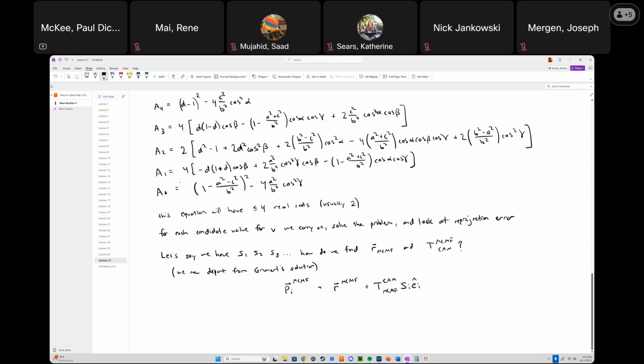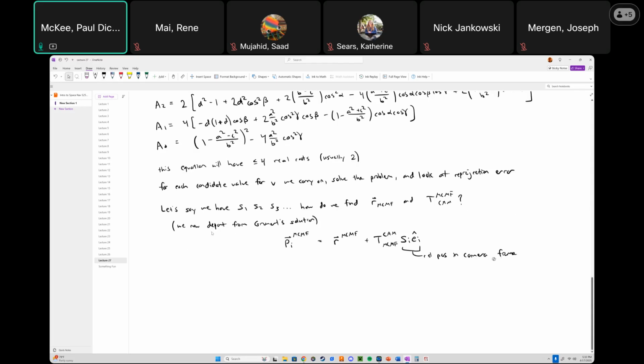The ith point is the observer location plus the attitude transformation matrix from camera to MCMF times SI EI, where you could think of this part here as the relative position in the camera frame. Hopefully that tracks.